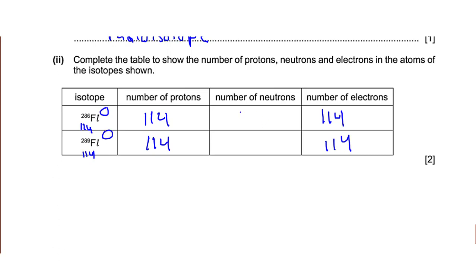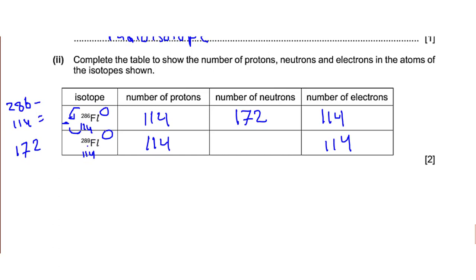Okay, what about the number of neutrons? Here the number of neutrons means the nucleon number, this one, minus the proton number. So it means 286 minus 114. Okay, so it's going to be 172.